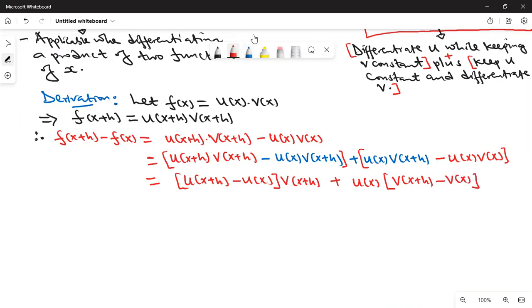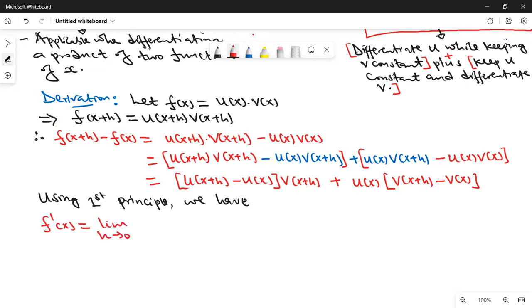So we now use the first principle. We now need f prime of x. F prime of x is equal to limit as h approaches 0 of f of x plus h minus f of x, everything over h.